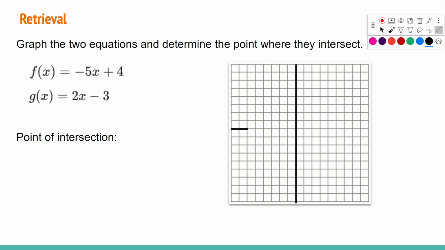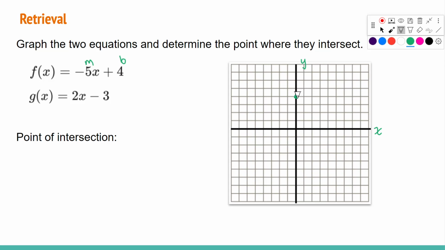So I'm going to graph my XY axis, I'm going to label the X-axis, I'm going to label the Y-axis, and then I'm going to go ahead and graph my equations. Both equations are in slope-intercept form, which makes it a little bit easier for us. We can identify the slope, we can identify the y-intercept. And remember, you start by plotting the y-intercept, and then you apply the slope.